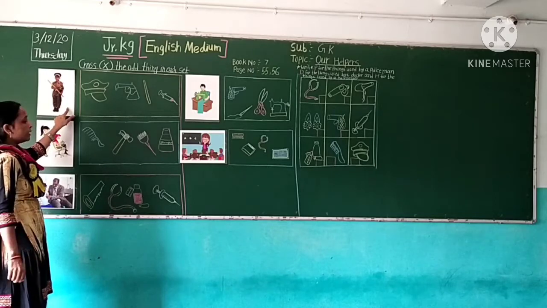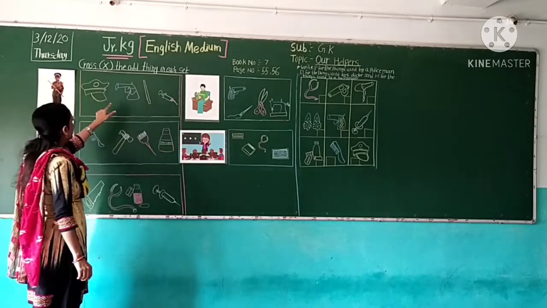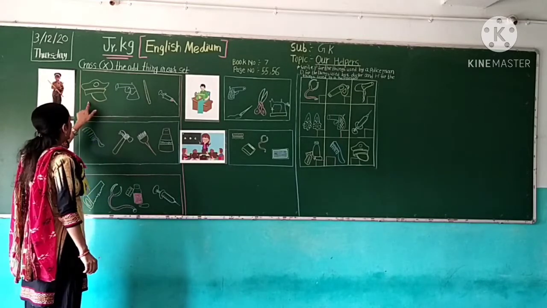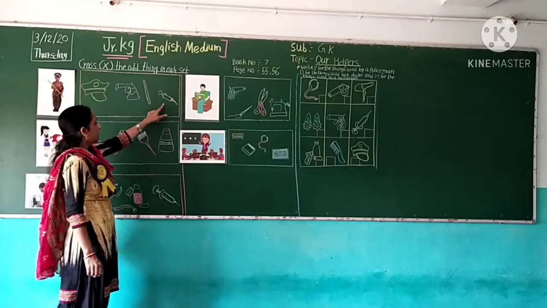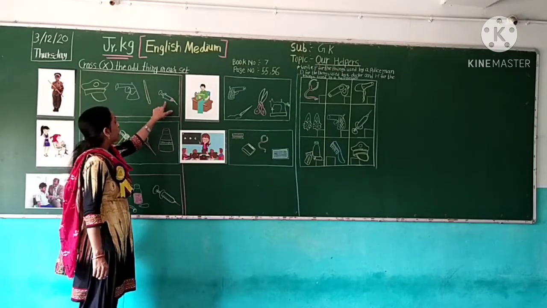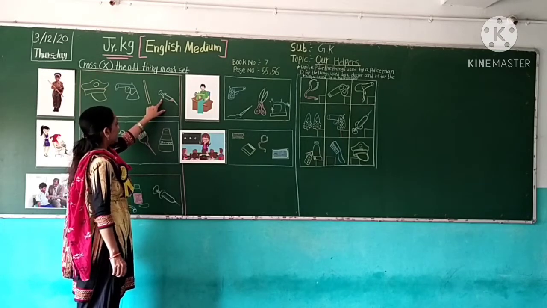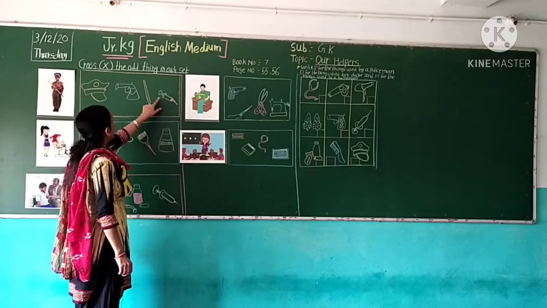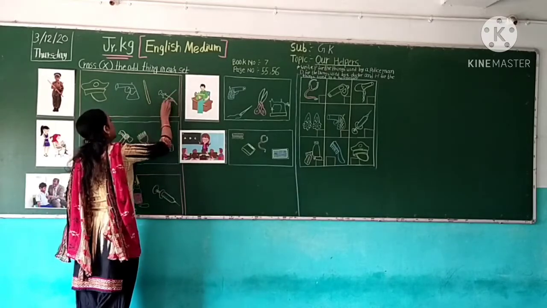Which things are used by a policeman? Cap, gun, stick, and what is this? Injection. Which picture is this? Injection. These things are the odd ones. So here we cross. Okay.